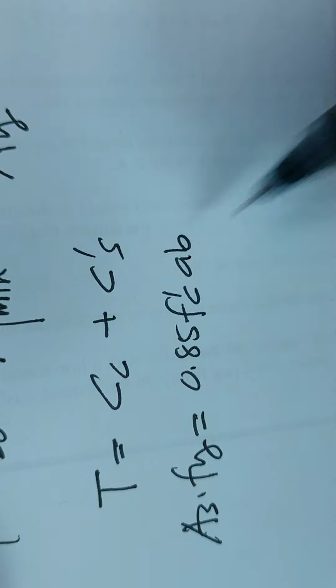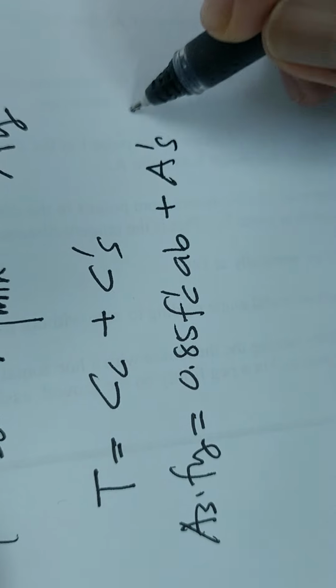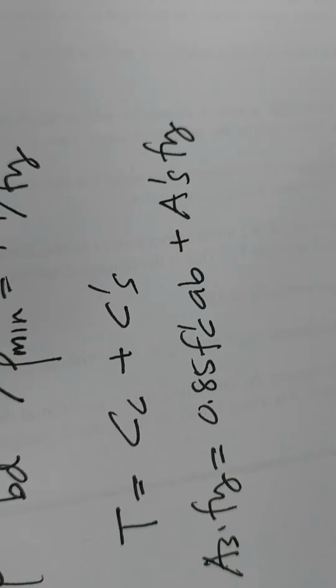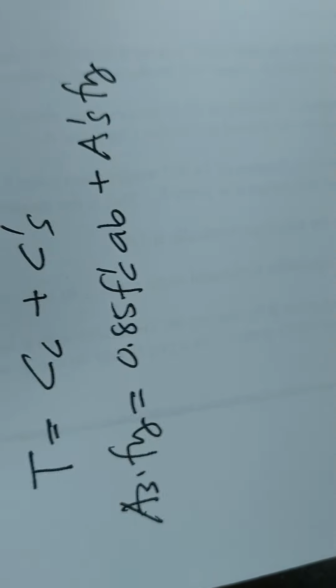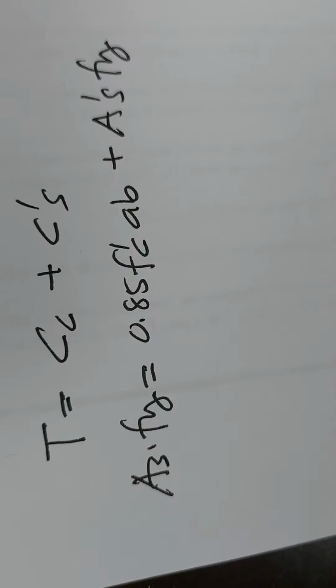Okay, the same as the singly reinforced beam, but we have an additional here of A prime S Fy, presuming that all the reinforcement are following the yielding condition as required by the structural code.